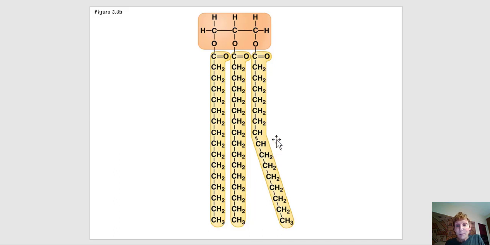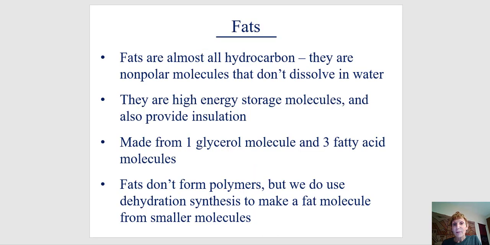It's considered a monomer attached to this monomer, and they add up to form a molecule. But you don't then make a whole bunch of these attached, so they don't then form polymers. So that's one difference from the other 3 that we talked about: carbohydrates, proteins, and nucleic acids. And then the other big difference is that they don't dissolve in water, whereas the other 3 do.